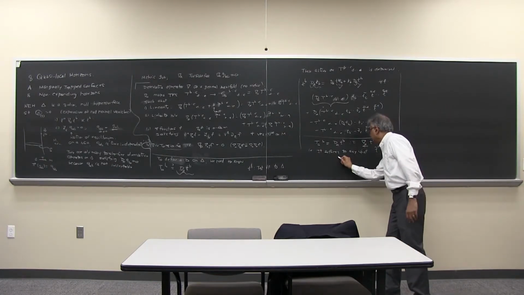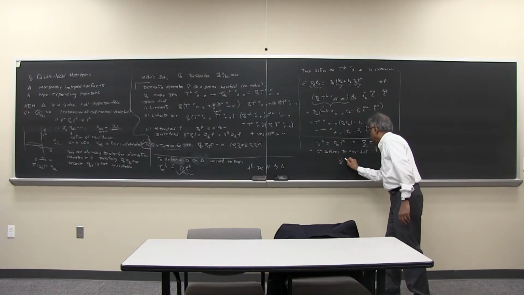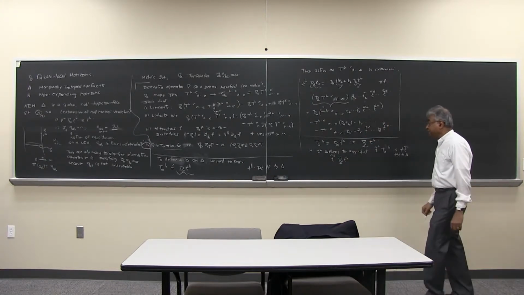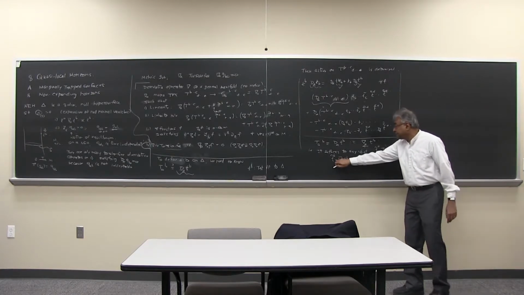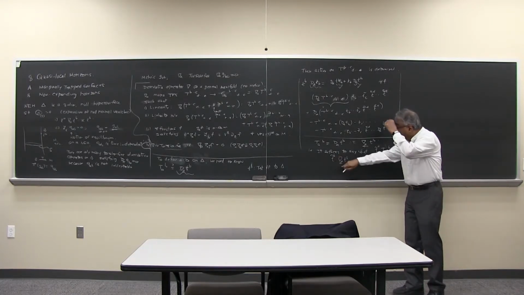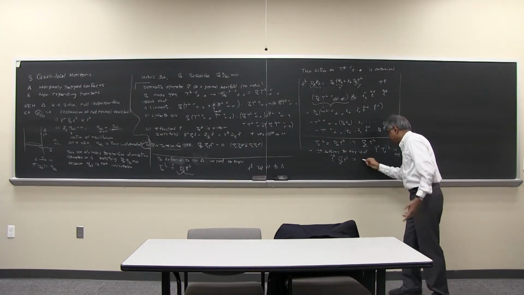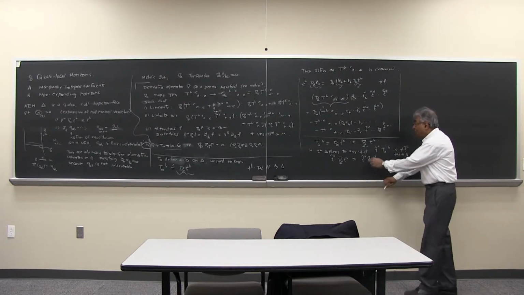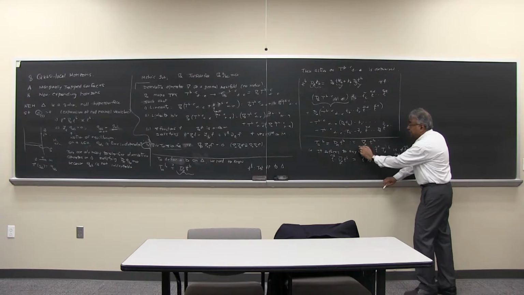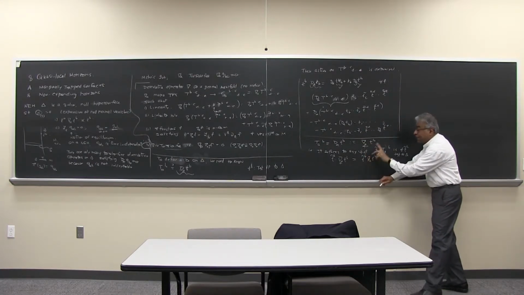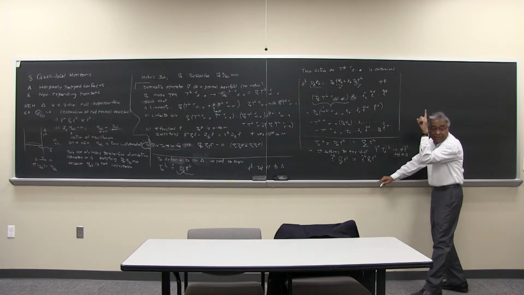So therefore, D_A T_B. What does this mean? It means if you give me any vector field which is tangential, then that is just by definition equal to the tilde, grad_A of T_B. So this derivative operator, grad_A T_B, this B index can be contracted with any vector in the 4 dimensions.